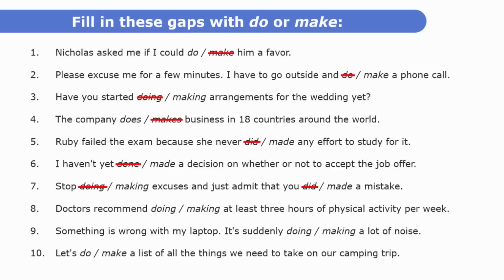Number 8, doctors recommend doing at least 3 hours of physical activity per week. Number 9, something is wrong with my laptop. It's suddenly making a lot of noise. Number 10, let's make a list of all the things we need to take on our camping trip.